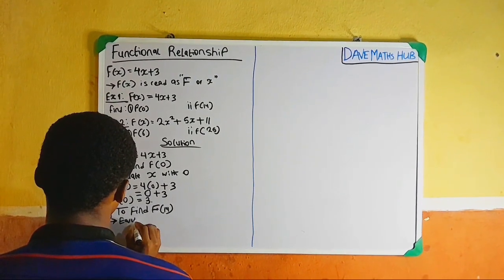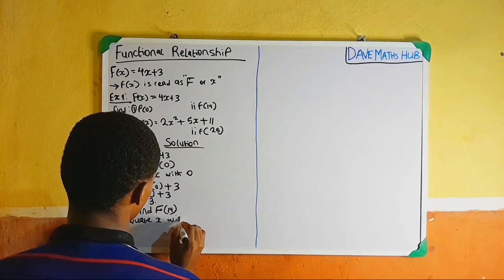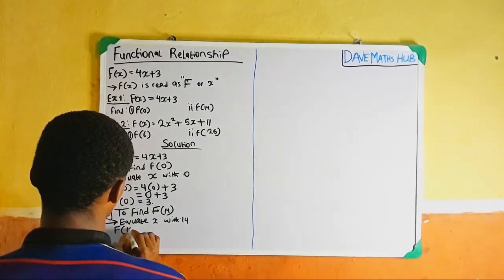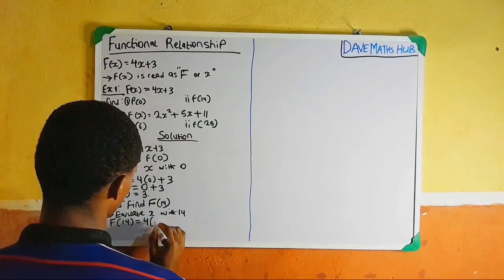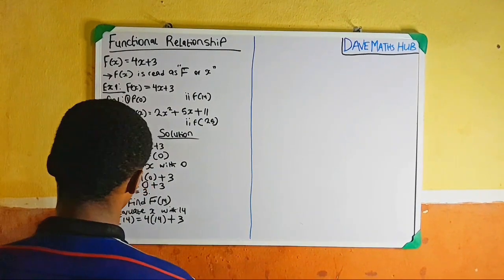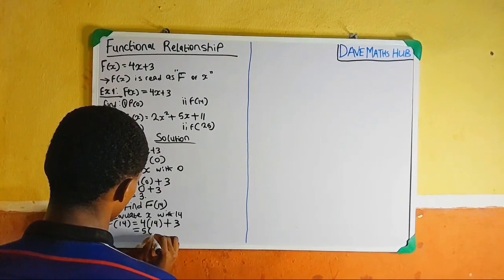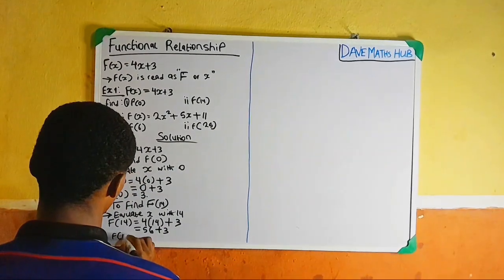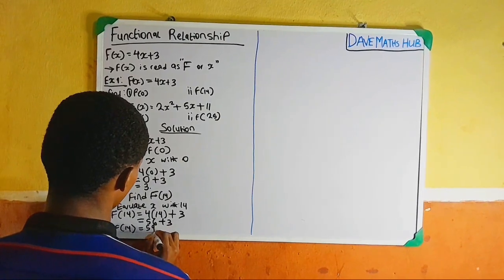Equate x with 14, whereby f of 14 equals 4, open bracket 14, plus 3, which equals 4 times 14, 56, plus 3, thereby f of 14 equals 56 plus 3, 59.